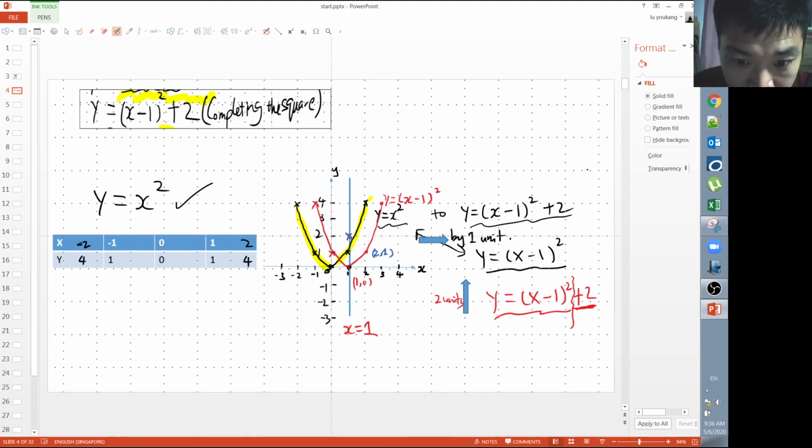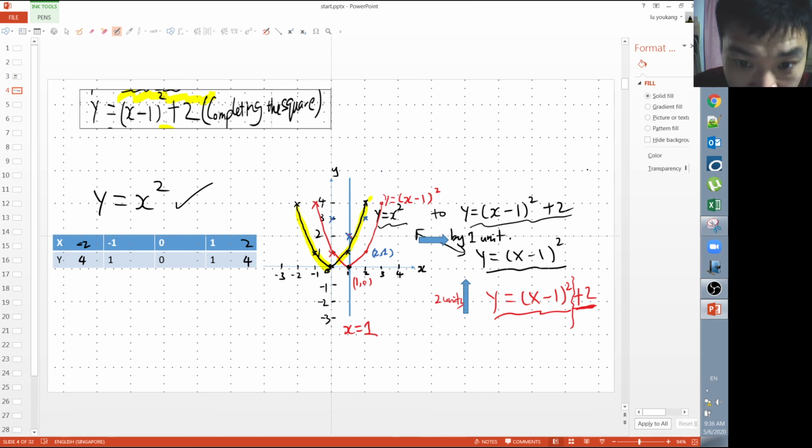So now this point will move up 2 units, so it should start from 3. Similarly, this point should move up to here. This is your 3 and 4, so it moves up to 5.